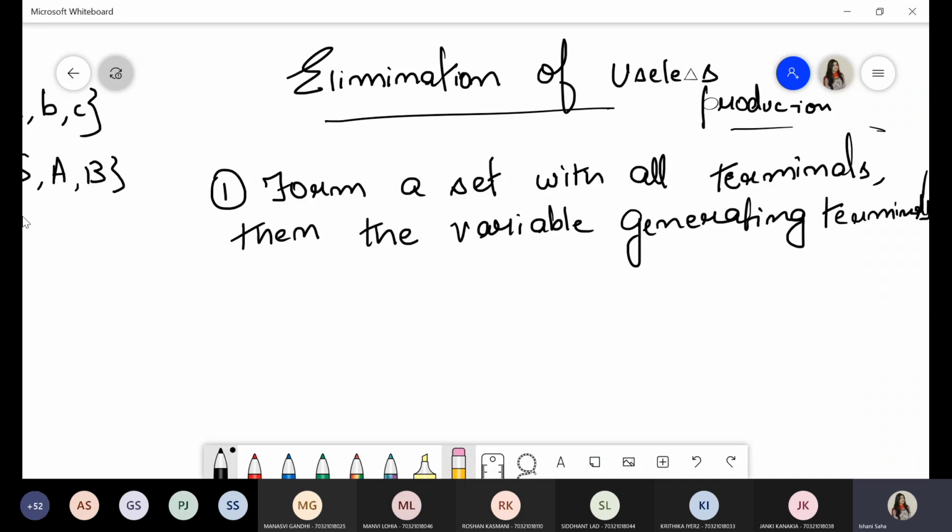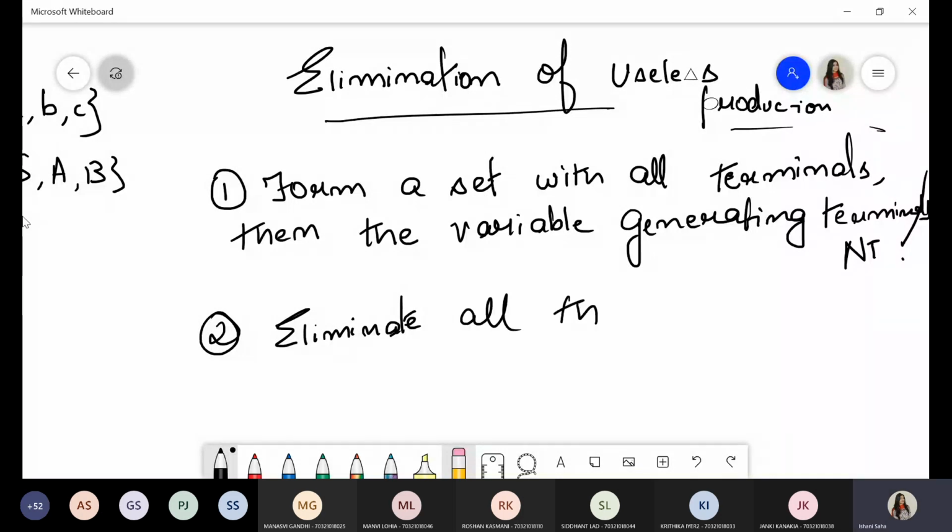Terminals slash non-terminals I'm writing. I'll explain this thing to you all. Next, eliminate all the other productions directly. All the other productions not in the set.